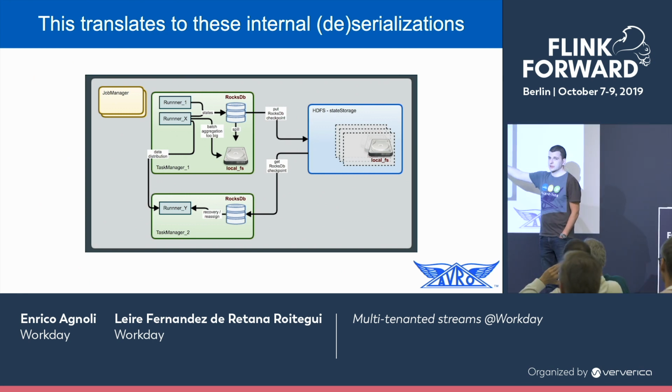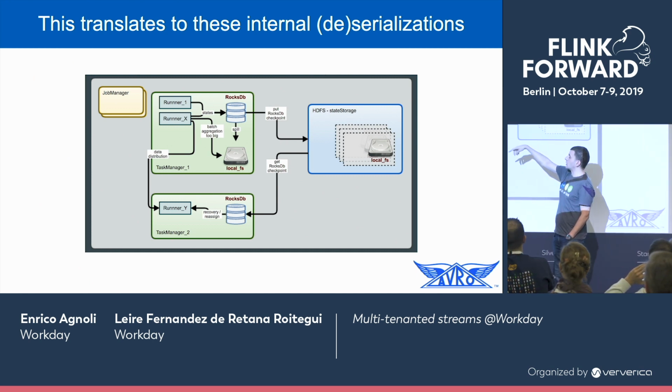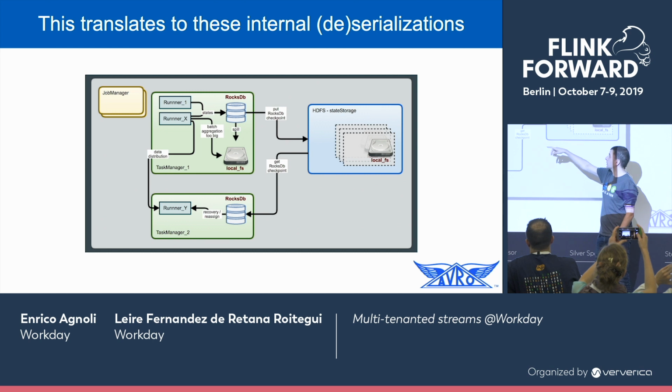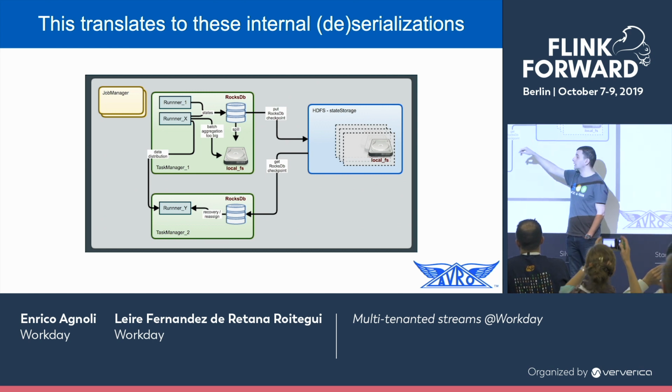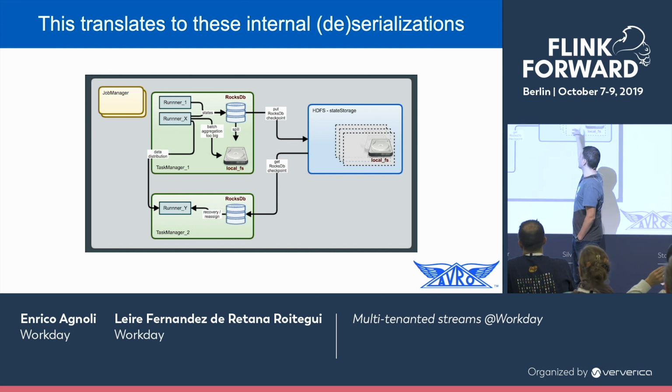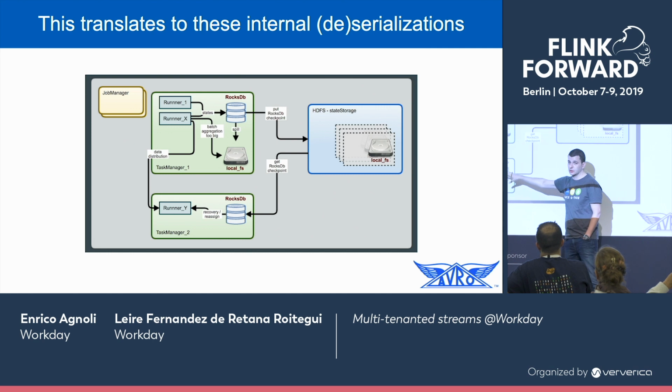results in a series of serializations and deserializations of the data you can see here: exchange of data between task managers, spilling or storing data on disk for checkpointing or for savepointing, storing savepoints on an external file system and retrieving them to recover.